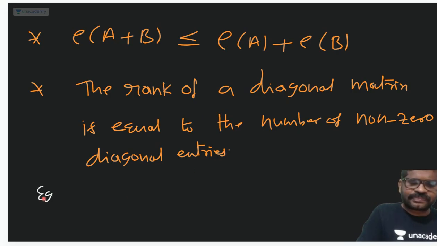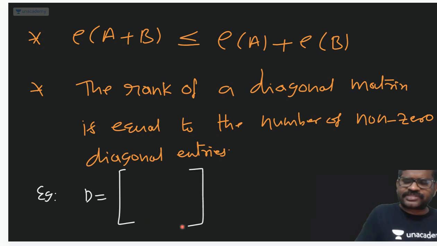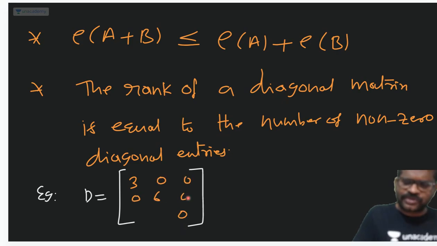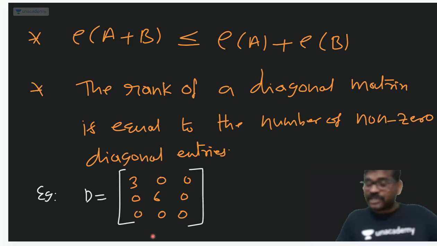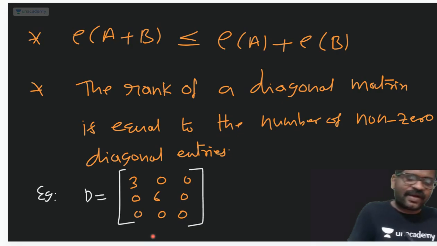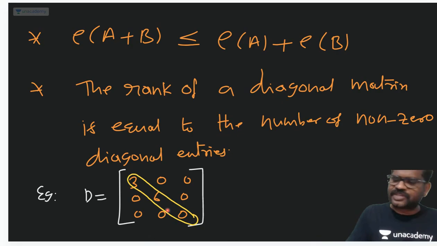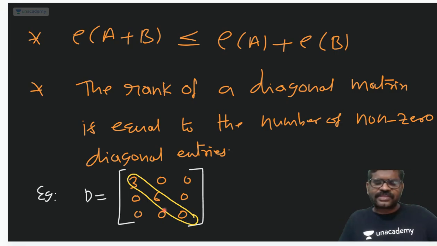Example, diagonal matrix D is 3, 6, 0, 0, 0, 0, 0, 0, 0. When we say matrix is diagonal matrix, all non-diagonal entries are 0. Okay, sir, what is rank here? How many non-zero entries in the principal diagonal? Only 2.